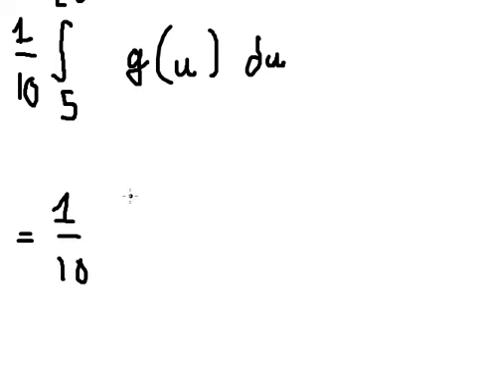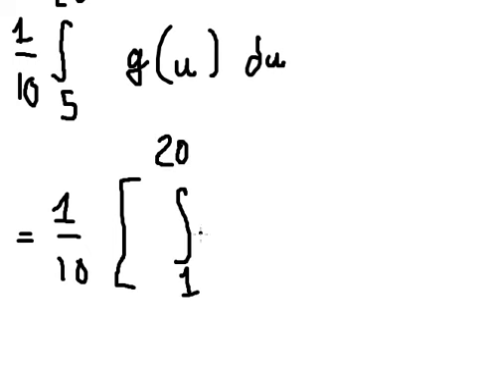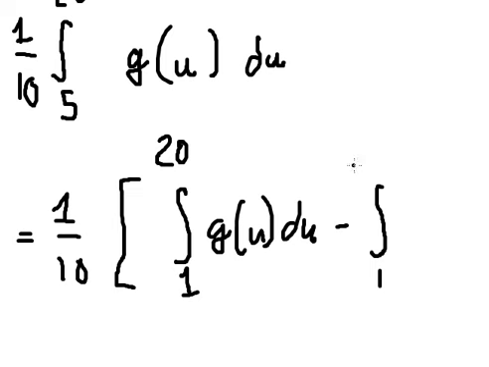we remember that this integration should be the integration from 1 to 20 of 3u du, minus the integration from 1 to 5 of 3u du.